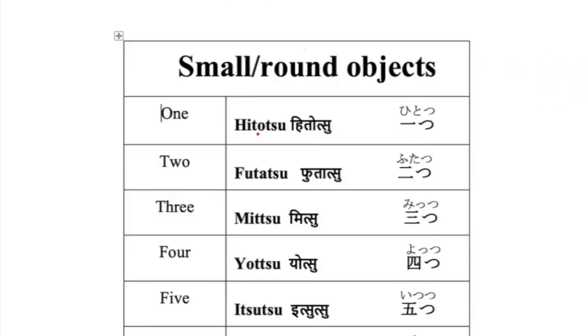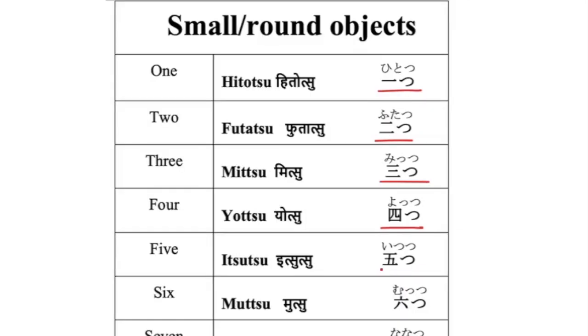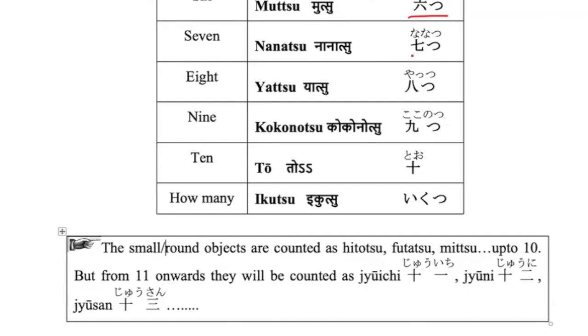The counter for small or round objects is Tsu. So one small or round object is Hitotsu. 2 is Futatsu. 3 small round objects is Mitsu. 4 small round objects is Yotsu. 5 is Itsutsu. 6 is Mutsu. 7 small round objects is Nanatsu. 8 small round objects is Yatsu. 9 small round objects is Kokonotsu.